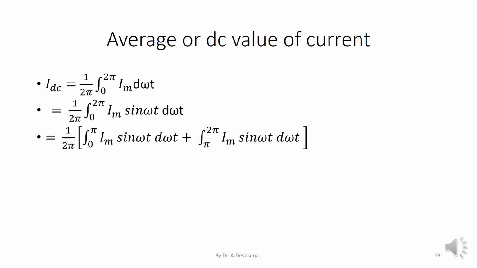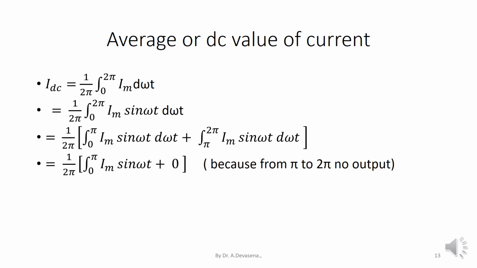The integral is split into 1 by 2 pi integral from 0 to pi of I_m sin omega t d omega t plus integral from pi to 2 pi of I_m sin omega t d omega t. That is 1 by 2 pi integral from 0 to pi of I_m sin omega t plus 0, because from pi to 2 pi there is no output, being a half-wave rectifier.